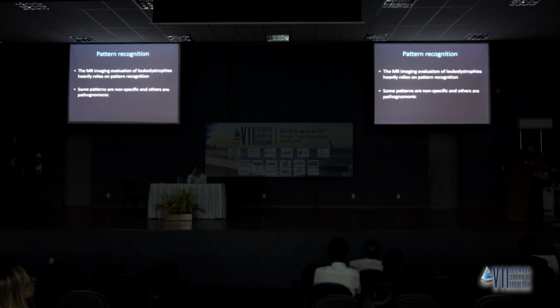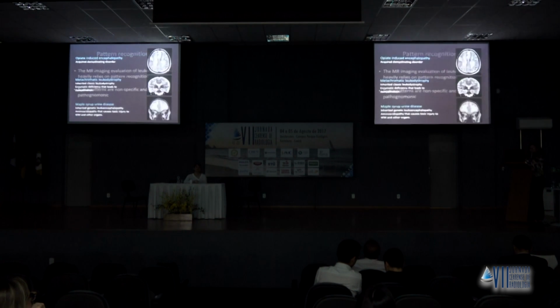So MR pattern recognition is going to be very important if you're going to have any chance of making a diagnosis here. So we're going to be focusing on pattern recognition. Some patterns are going to be totally nonspecific, but others are going to be pathognomonic.